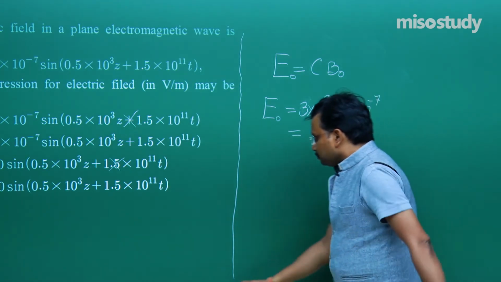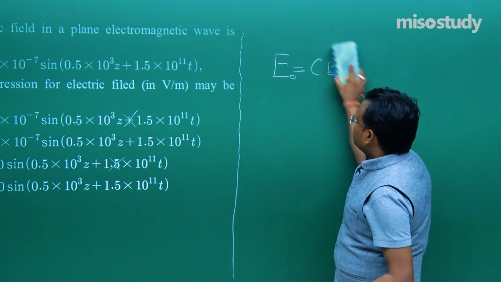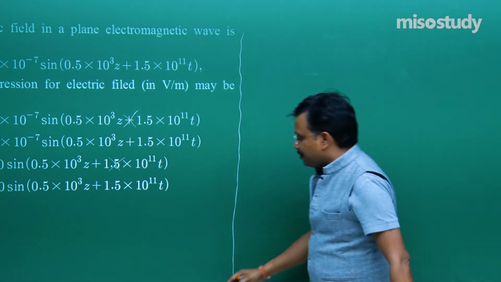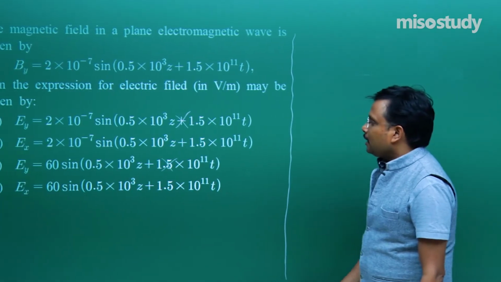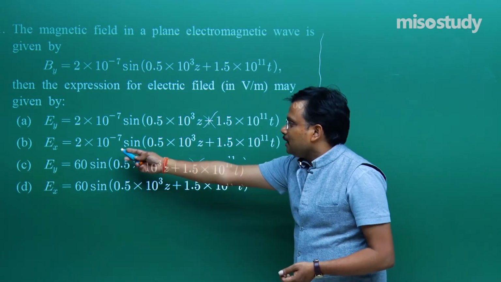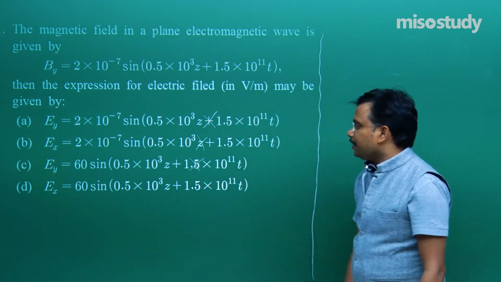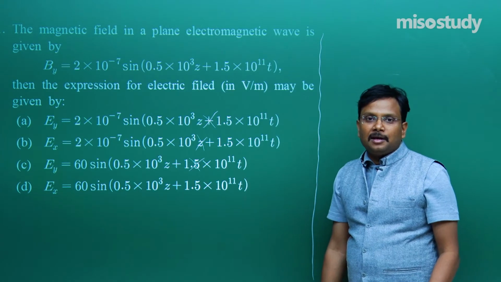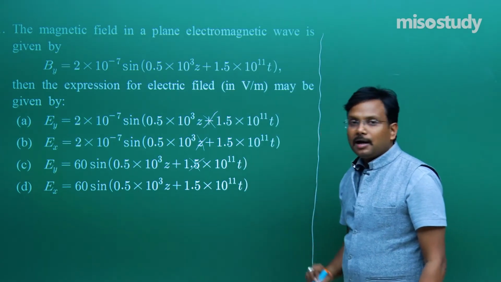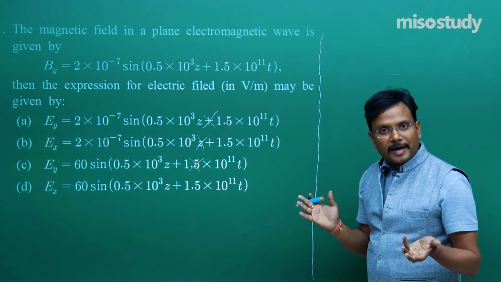Now one thing is crystal clear, that A and C are not possible, and B is also not possible, because the magnitude of the electric field is 60. So the question itself is saying that D is the correct option. I explained the approach and the logic.